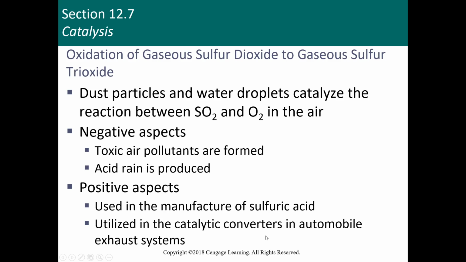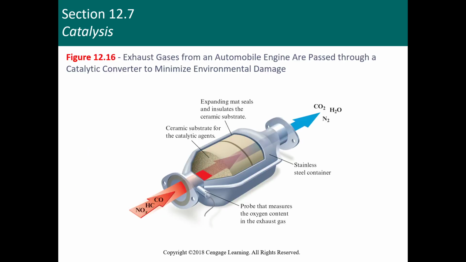It's utilized in the catalytic converters in automobile exhaust systems, which ironically help to convert NOx and prevent the pollutants that are most common in the United States. So right here, this is the catalytic converter from your car, motorcycle, whatever.